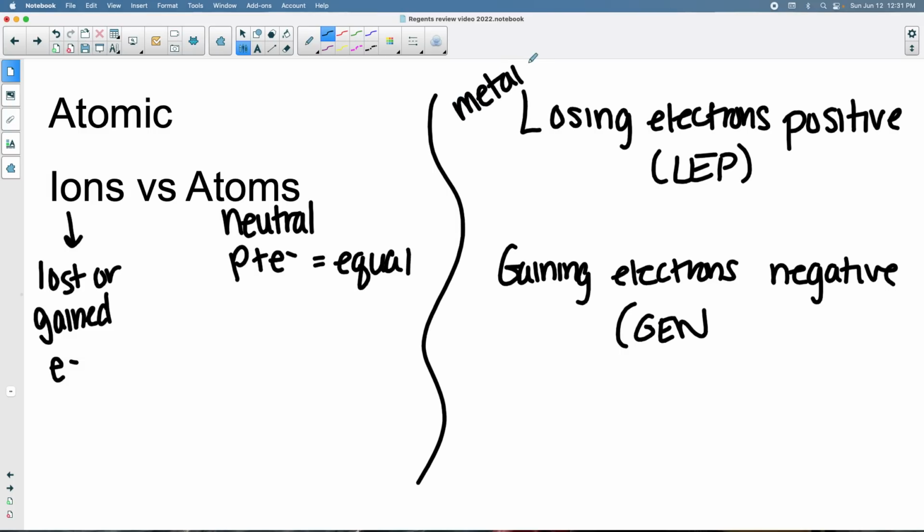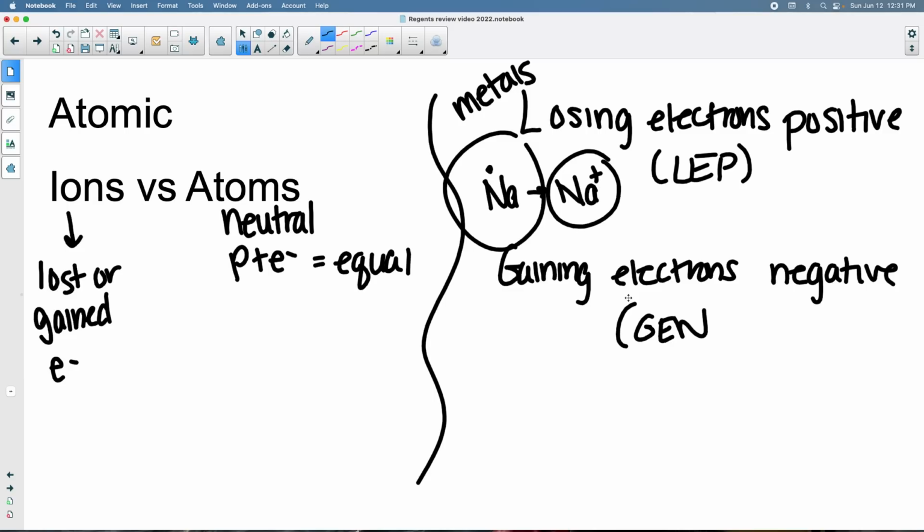Metals tend to lose electrons to become positive ions that are smaller, and nonmetals tend to gain electrons and make larger negative ions.